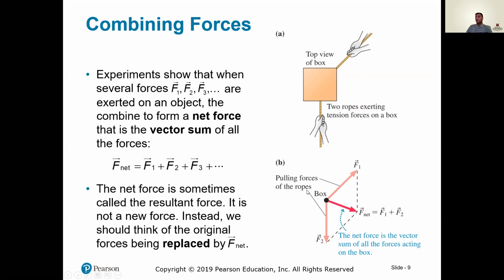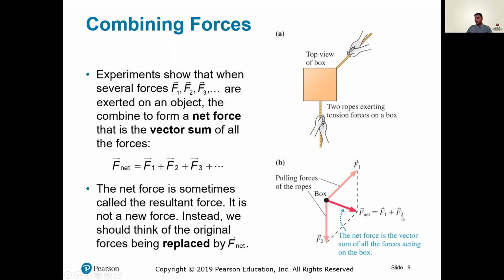If we want to know the summation, the resultant, the cumulative effect of applying these two forces simultaneously, we will have to find the resultant. Remember how we did vector summing in chapter 2 or chapter 3 actually, right? This is the same thing. You have F1, you have F2. If you want to find the resultant, you have to complete the parallelogram. Remember, the parallelogram diagonal gives us the resultant.